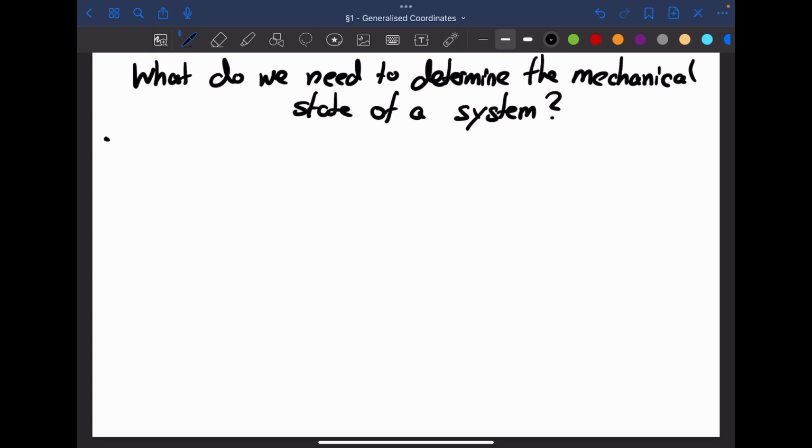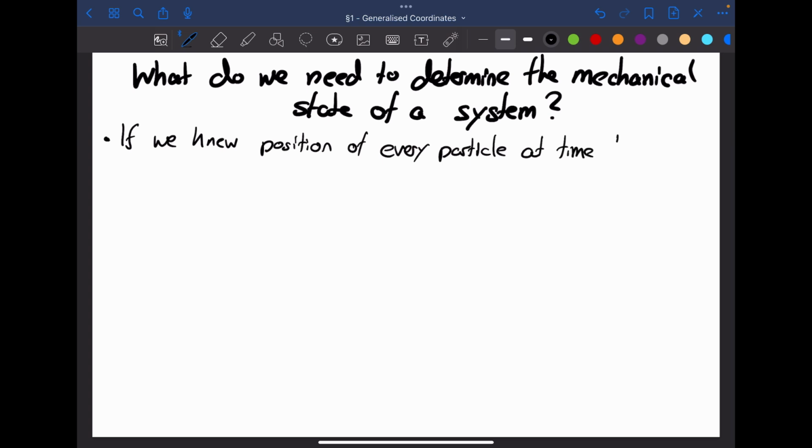Imagine we have a system of S particles and we know where every one of them is. So we know the position of each of them. So if we knew the position of every particle at time, let's say t0, i.e. q of t0, where q is just the vector of all of these coordinates.